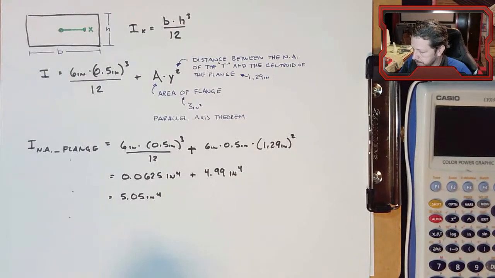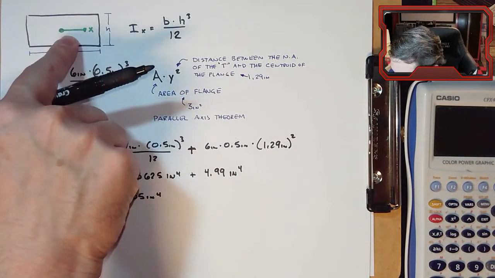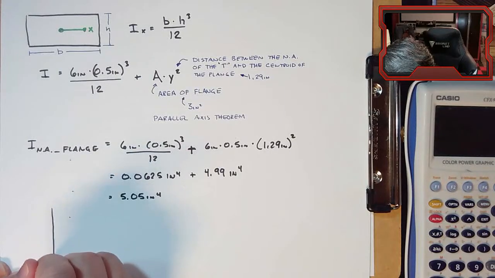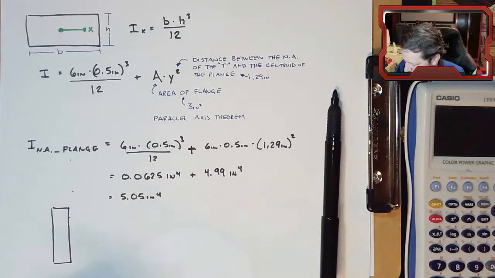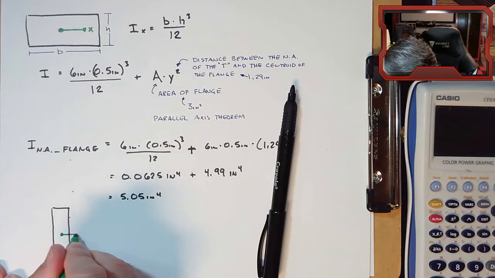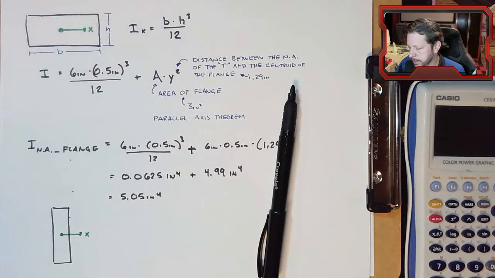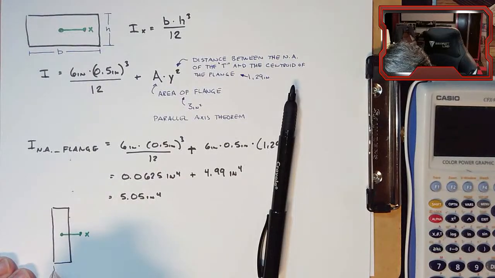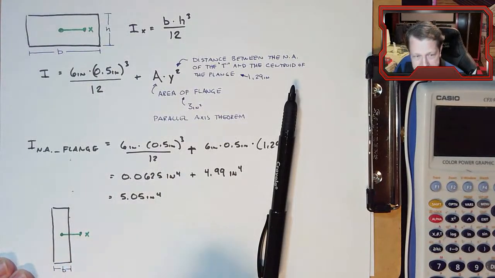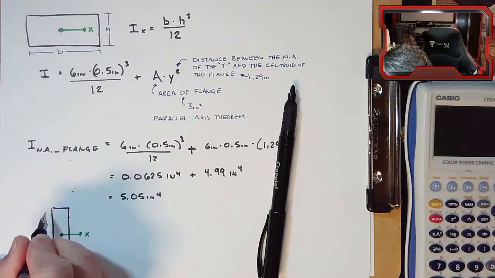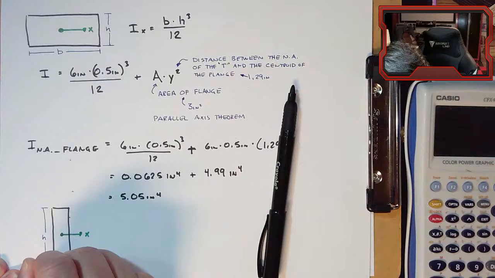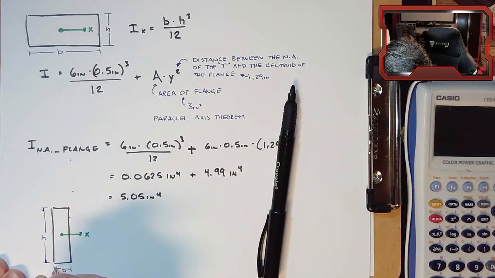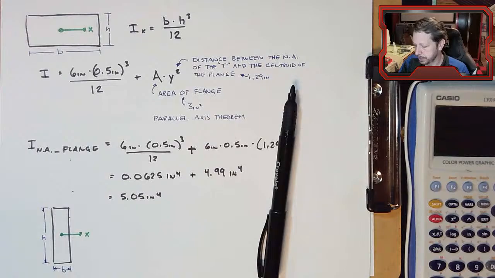So let's draw the stem. Let's redraw our rectangle in the shape of the stem. And the stem centroid is going to be here. There's our x-axis that goes with the bh cubed over 12. b is still the distance parallel to the x-axis, and h is still the distance perpendicular to the x-axis. So these are our locations for b and h in our equation.